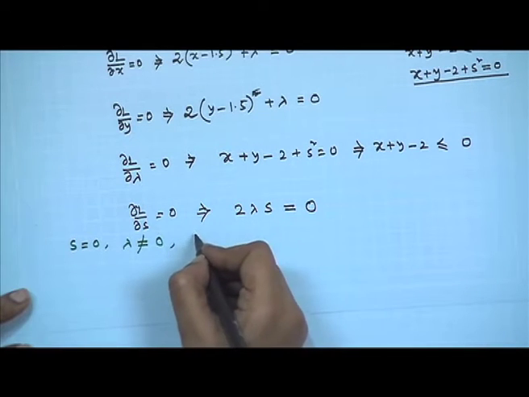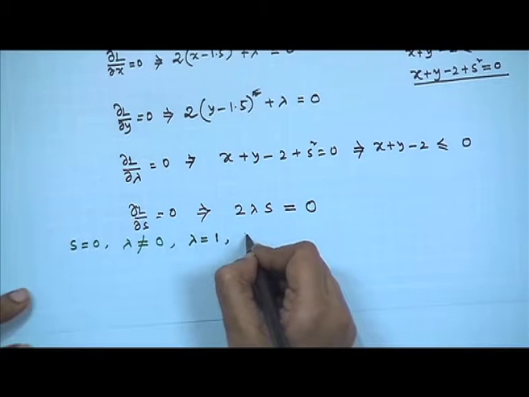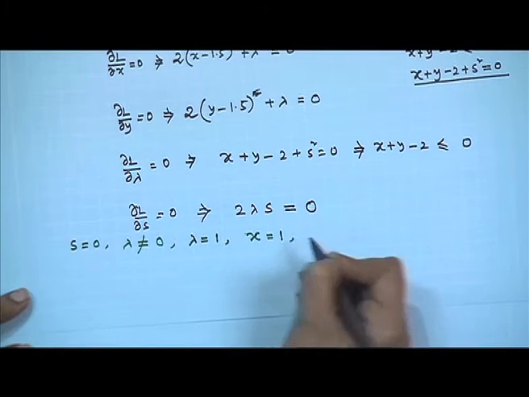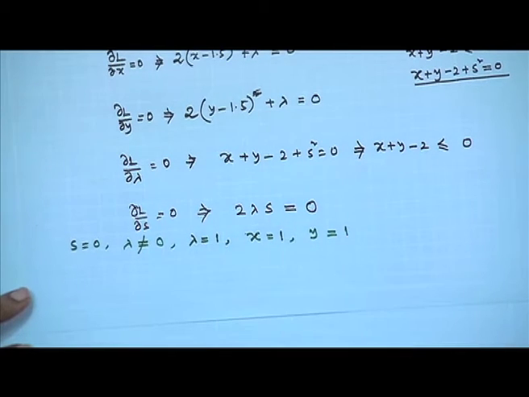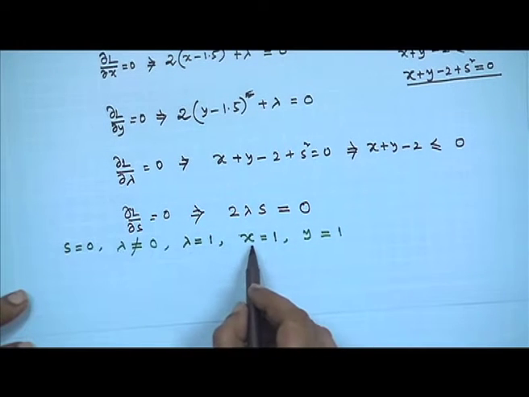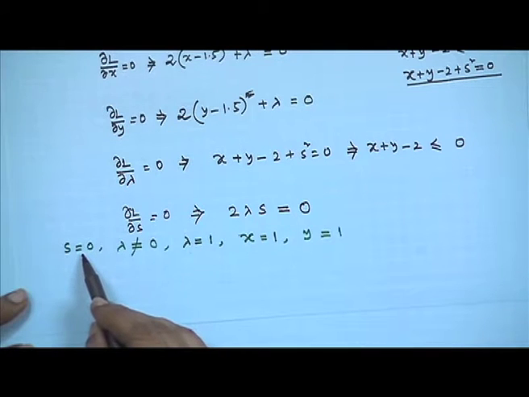From here we get lambda equal to 1, and if lambda is equal to 1, we get x equal to 1 and y equal to 1. Alright. And that is why my solution would be x equal to 1, y equal to 1, lambda equal to 1, s equal to 0.